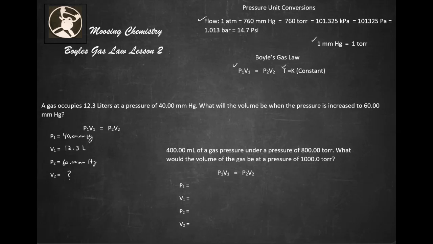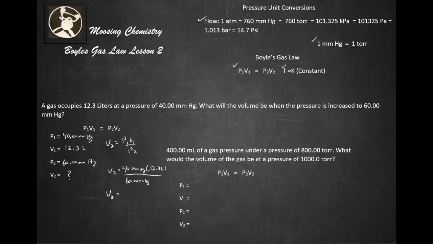All right, so we go V2 equals P1V1 over P2. So V2 equals, of course, our first pressure, which is 40.00 mmHg times 12.3 liters, divided by our 60 millimeters of mercury, and we'll get our new volume here.